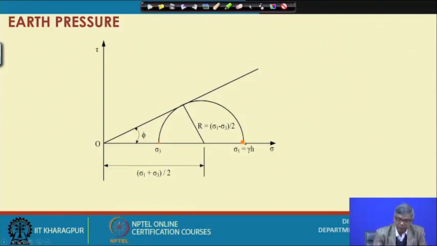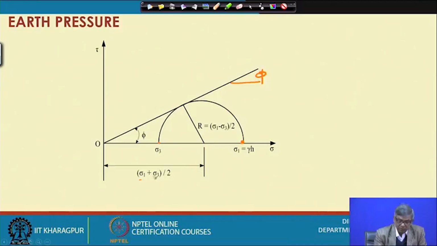So this is the major principal stress, and the minor principal stress at failure, and with this I can draw a Mohr circle, and since it is at failure, your failure envelope will be tangential to this. So this angle is phi, and based on this Mohr circle, this is sigma 1 equal to gamma h, and up to this it will be sigma 1 and this is sigma 3.